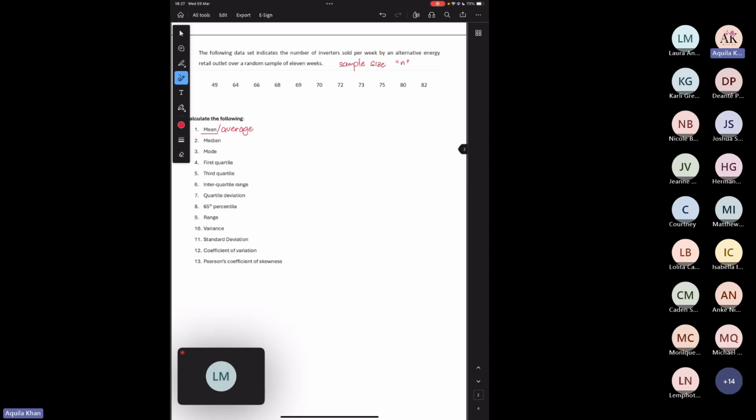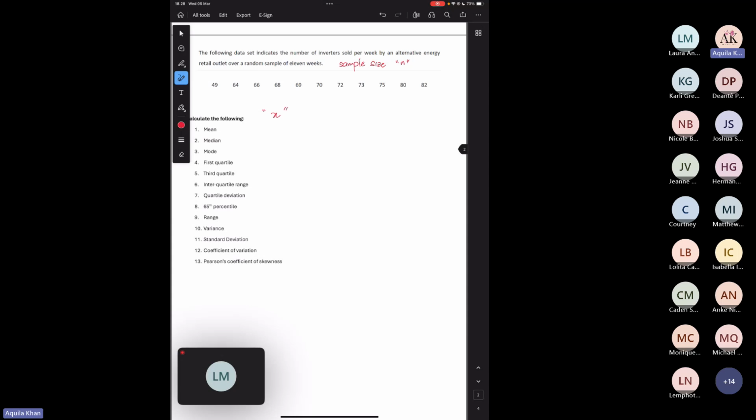That's calculated by taking all of these numbers, adding them up, and dividing by however many numbers there are. In this case, there are 11 numbers. So you're going to sum them up, and each value here is referred to as an X value.